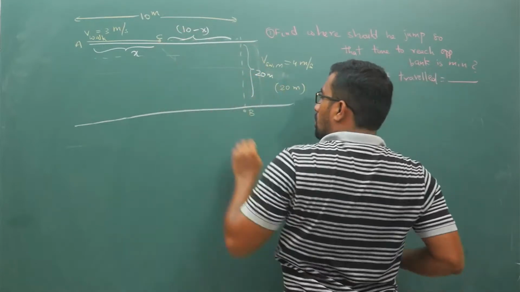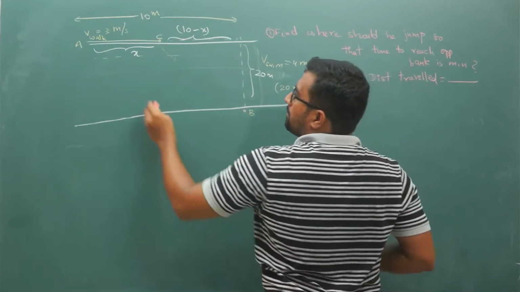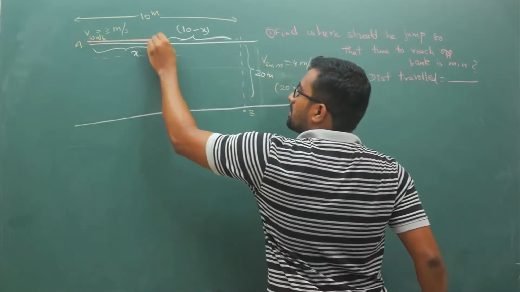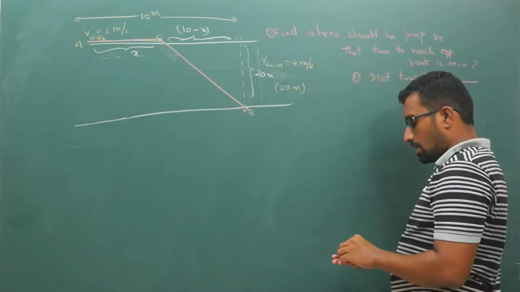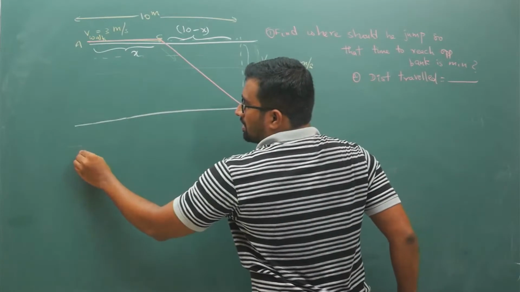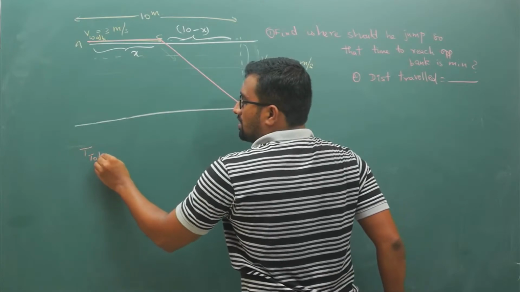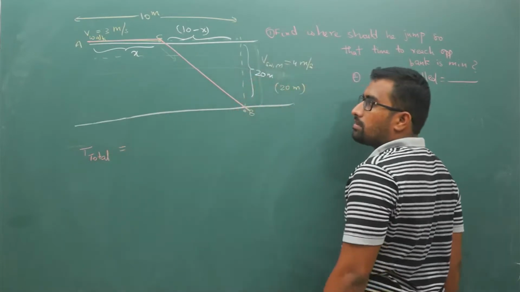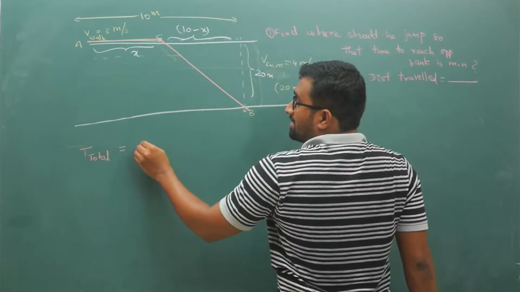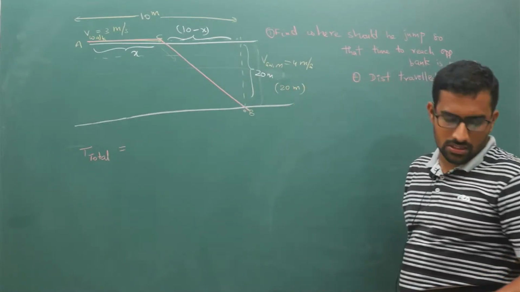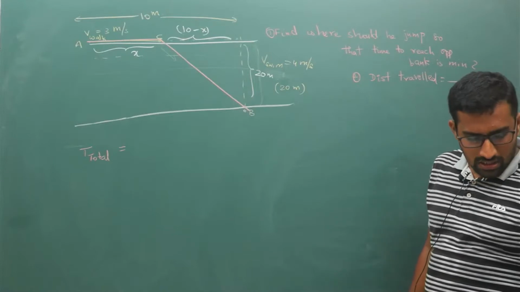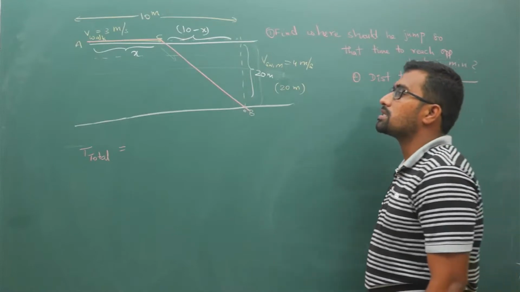Now he is going to come from here to here, then he is going to jump into the river like this. Now your total time is distance by speed, because when bodies are moving with constant speed, your time is distance by speed.